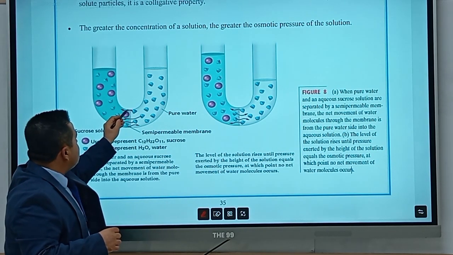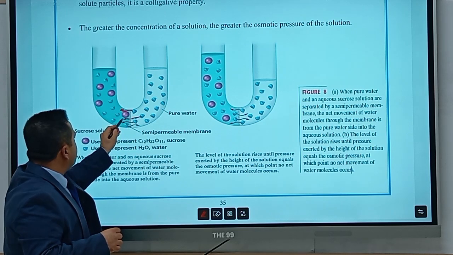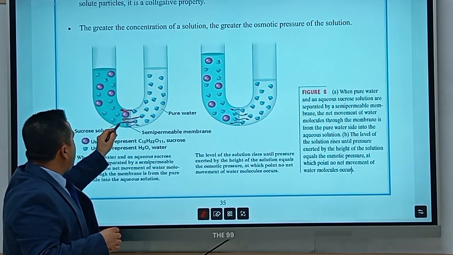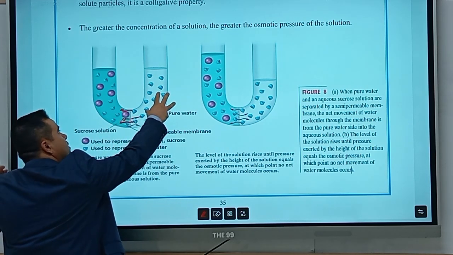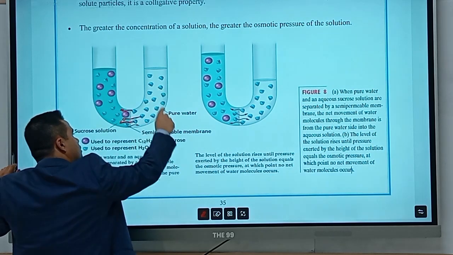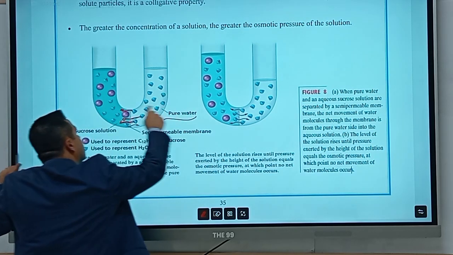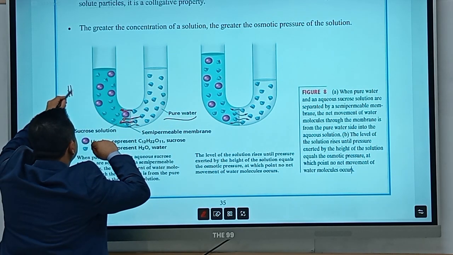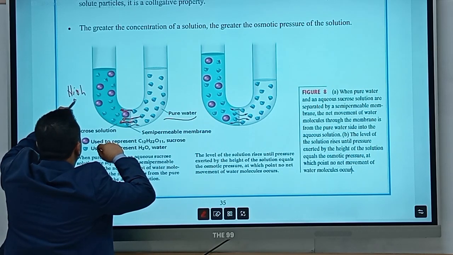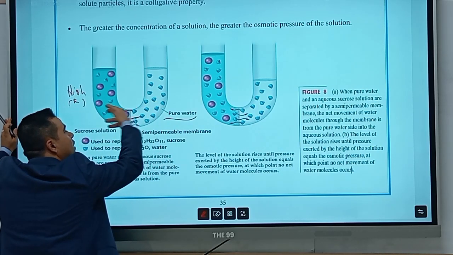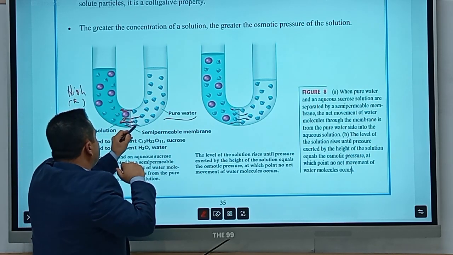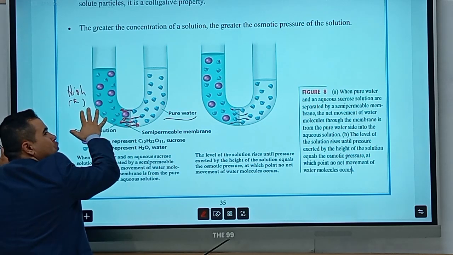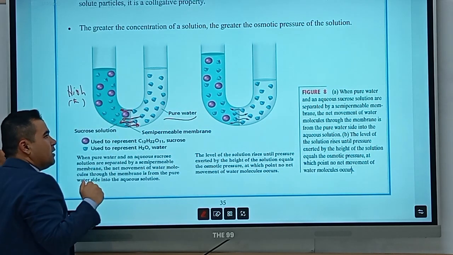As you can notice, guys, the movement of the particles of the water from the low concentration side or the pure solvent to the high concentration side is much more than the movement of water from the high concentration side to the low concentration side.